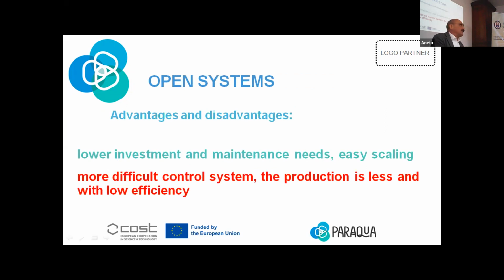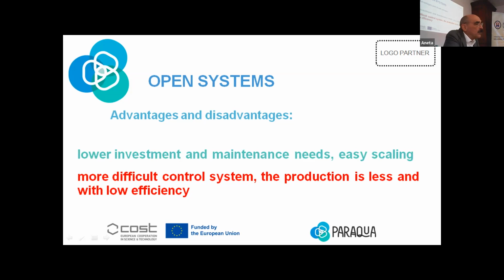We have advantages and disadvantages of this simple system and of this sophisticated system. Of course, the advantages of the open system are low investment, easy scale-up, and basically easy management.